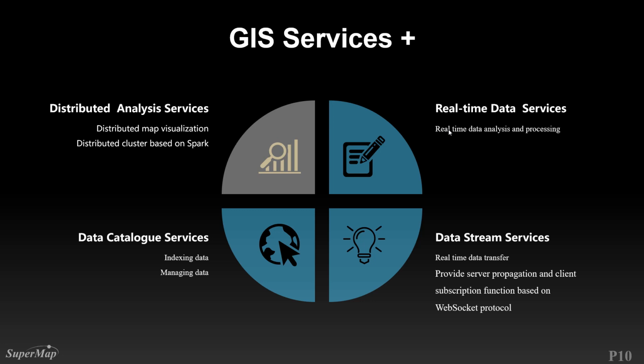The distributed analysis is also based on the Spark distributed cluster. Multiple nodes process the analysis functions, such as density analysis, aggregation analysis, overlay analysis, buffer analysis, and so on, to increase the analysis efficiency.